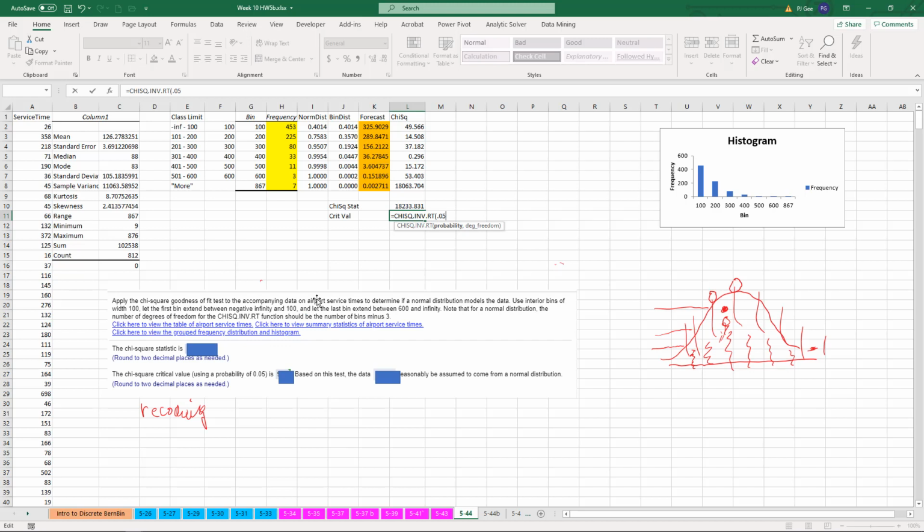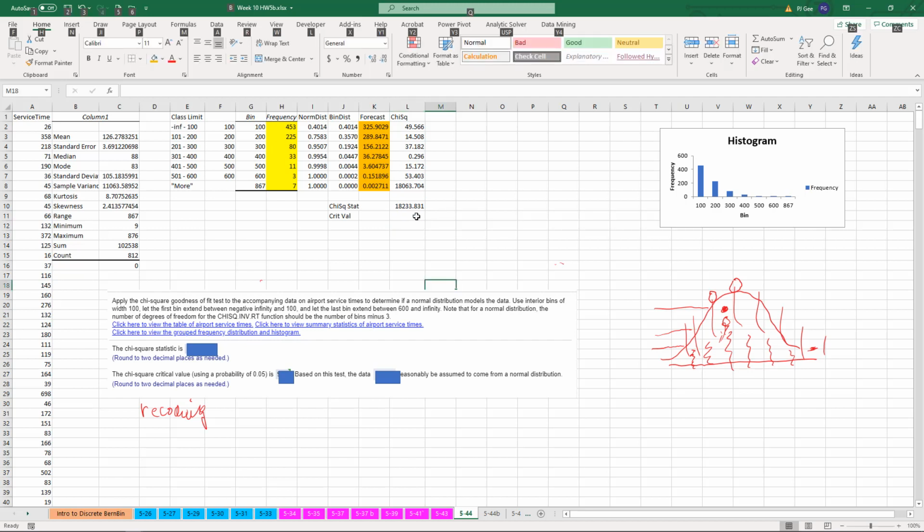The number of degrees of freedom is going to vary a little bit. It says we have to subtract 1 plus the number of bins minus 3.